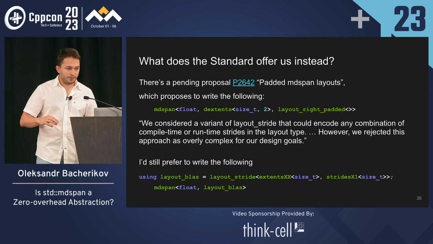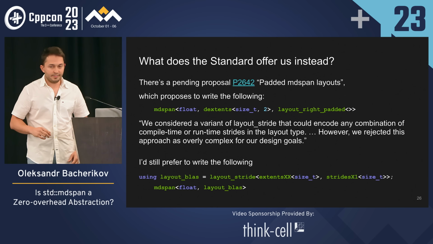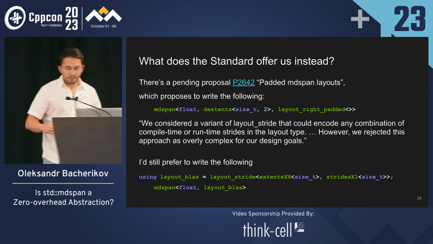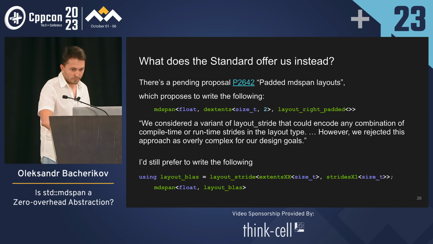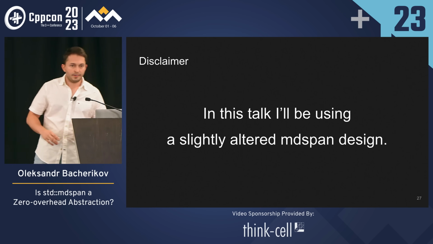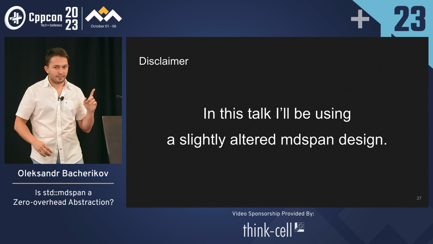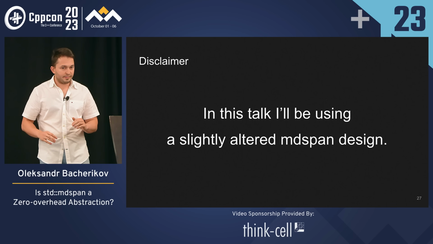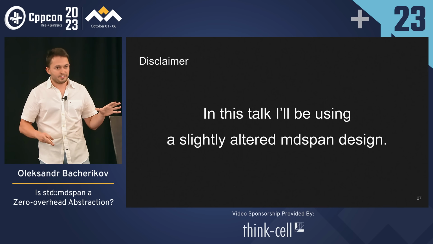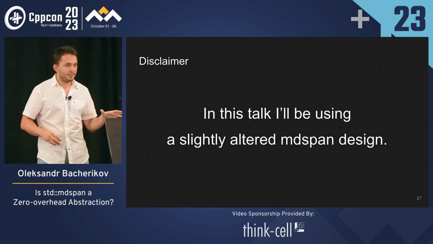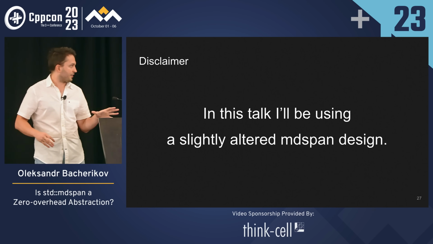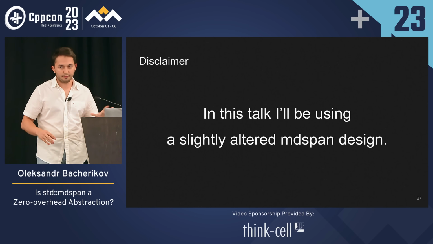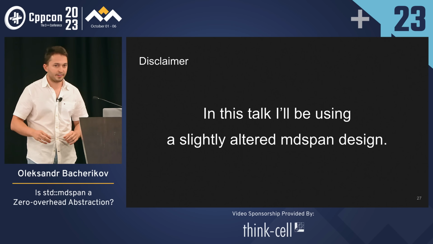And just reuse this layout in different mdspans. Yeah, so I need to make a disclaimer that in this talk, I'll be using a slightly altered mdspan design. And I just told you the first reason, but there will be more. But conceptually, overall, it's the same and should have the same overhead.